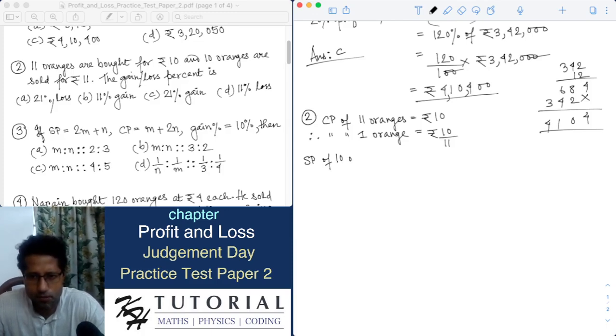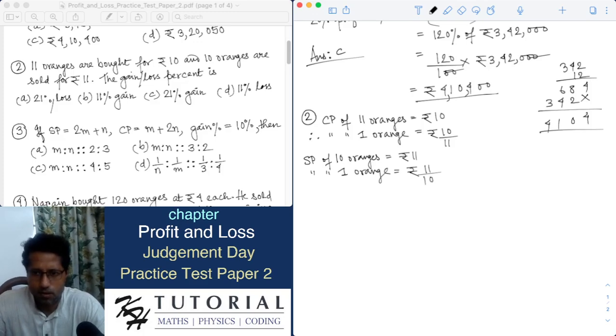So the selling price of one orange using the unitary method is 11 by 10. Now definitely 11 by 10 is more than 10 by 11. So therefore the gain or profit is rupees 11 by 10 minus rupees 10 by 11.